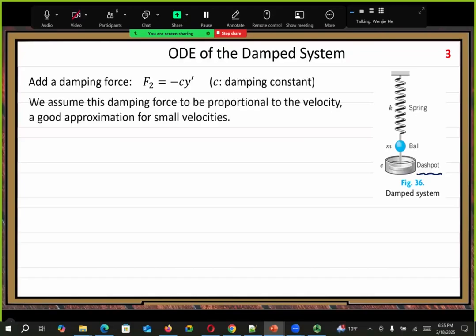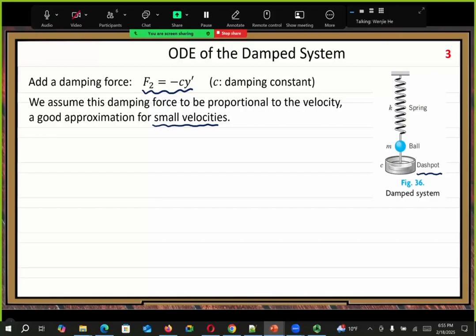Here we assume that this damping force is proportional to the velocity. It's a good approximation for small velocities. When the velocity is relatively small, by experiments, it's a good approximation. Although it may not be very accurate, it's a good approximation.